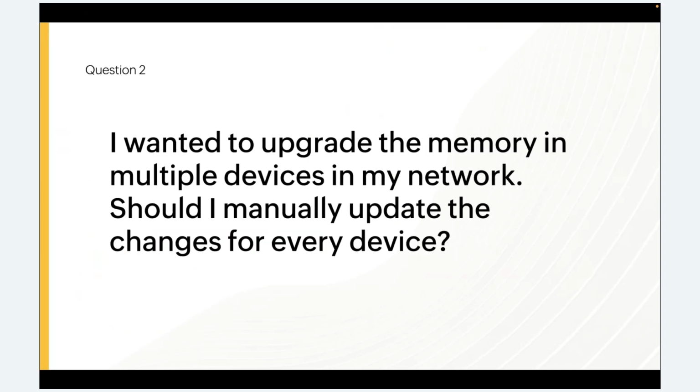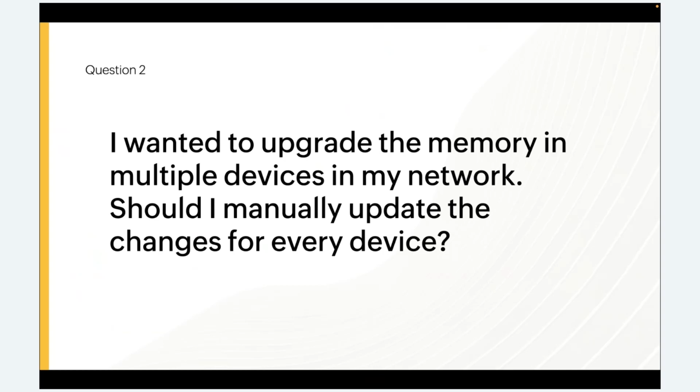The next question is, I wanted to upgrade the memory on multiple devices in my network. Should I manually update the changes for every device? No. OpManager comes to your rescue here. There is a dedicated option called rediscovery, where you will rediscover the devices in your network that have been previously discovered.